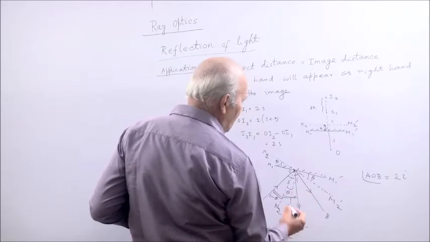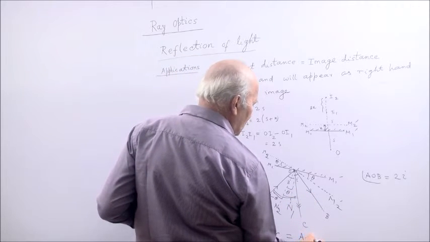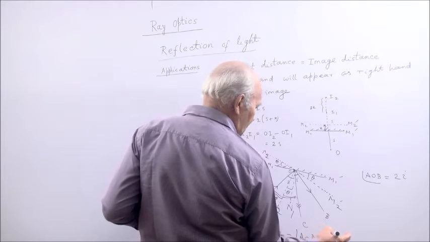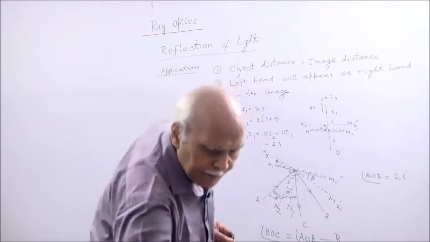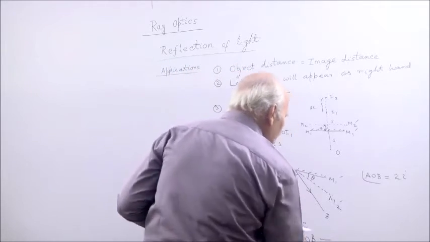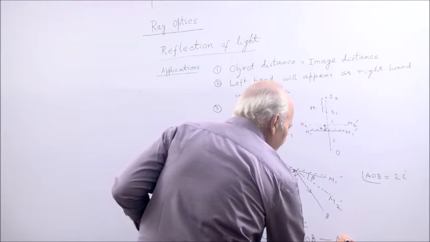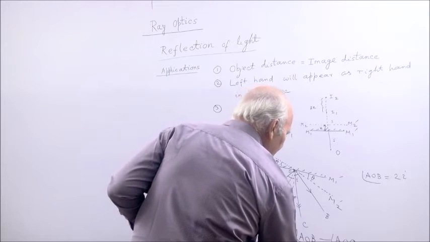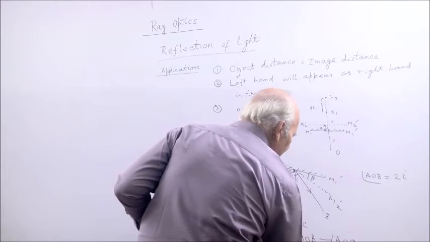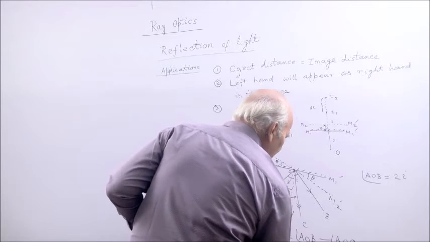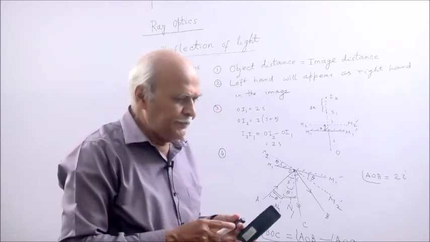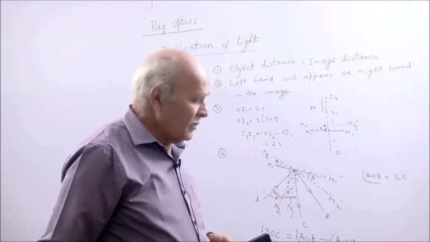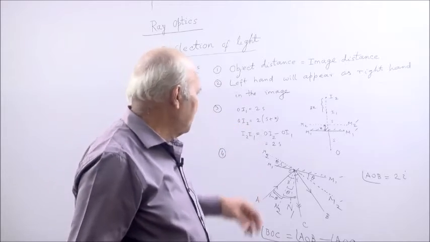So BOC will be AOB minus AOC. So it will be 2I minus 2 into I minus theta, so it will be 2 theta. So this shows that when a plane mirror is rotated by an angle theta, the reflected ray rotates by 2 theta. It is just like the third application.